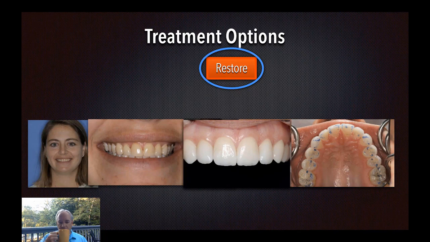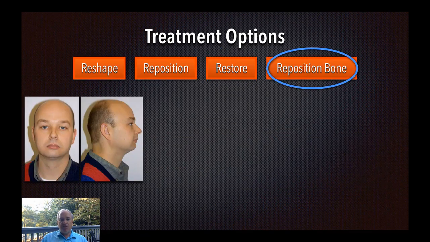And so these cases are all equilibrated first to centric relation, and then guidance is designed prior to figure out how we're going to transition from enamel to porcelain or staying completely in porcelain. And then sometimes we have patients who skeletally just don't allow the front teeth to contact properly.